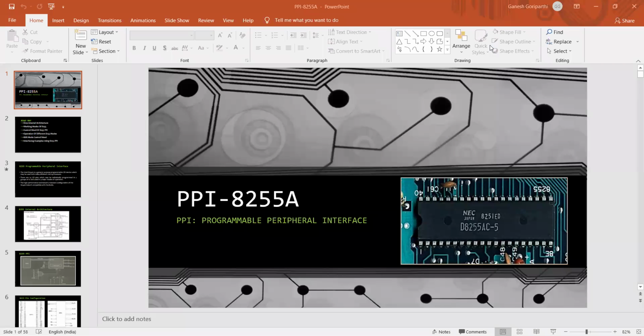In today's class, we'll continue the 8255, which is the programmable peripheral interface. This we started in the previous class, 2 to 3 days before. We'll continue from where we stopped.